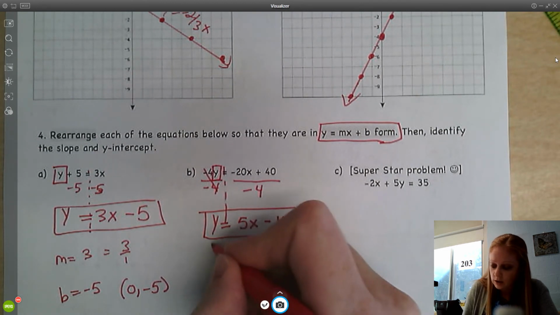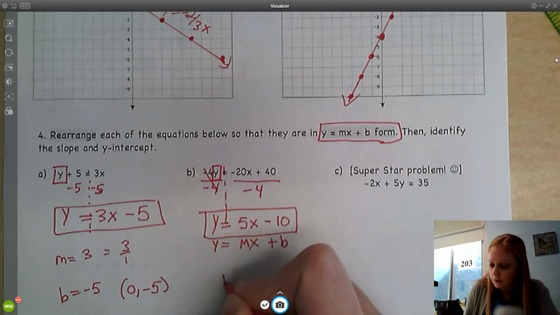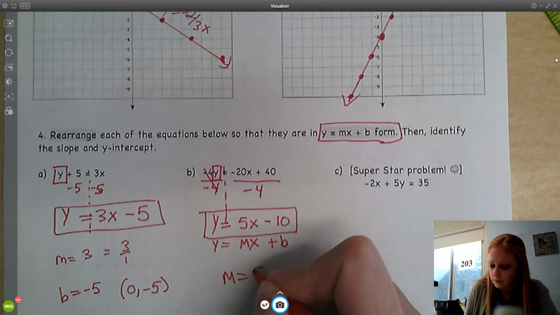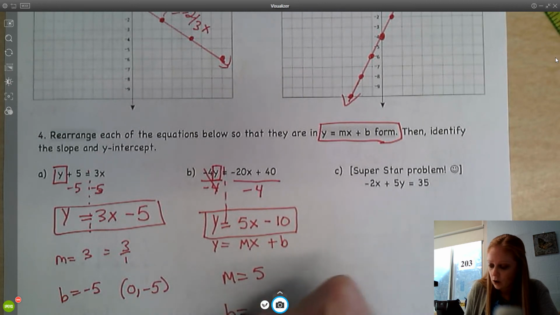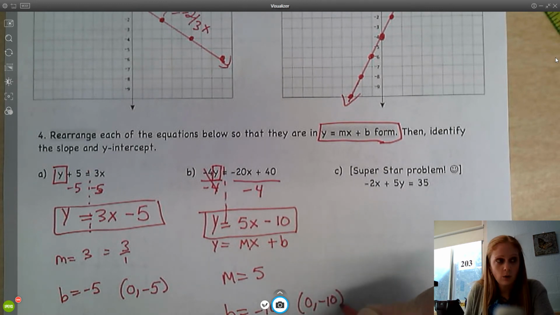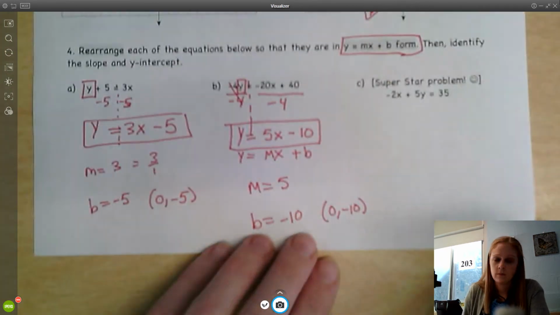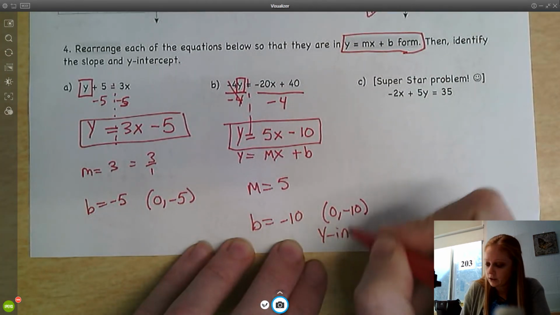And now let's just label what the m and the b are. So the m would be 5. Our slope is 5. And our b is negative 10. So that means our y-intercept would be at the point 0, negative 10. So this is our y-intercept.